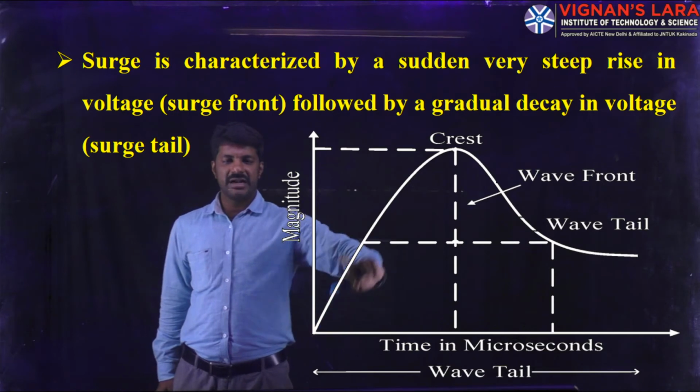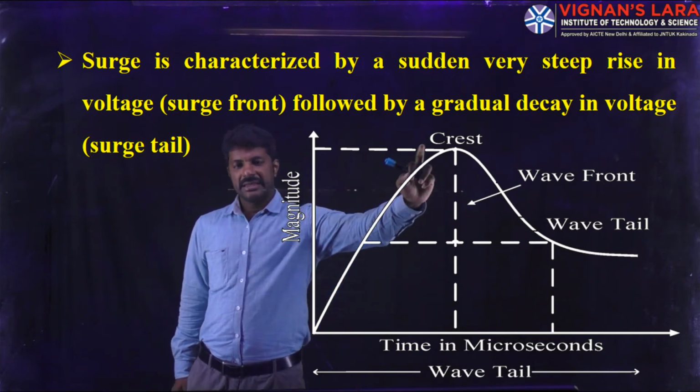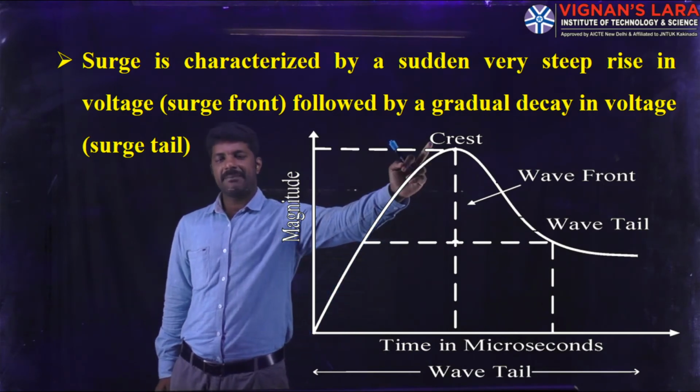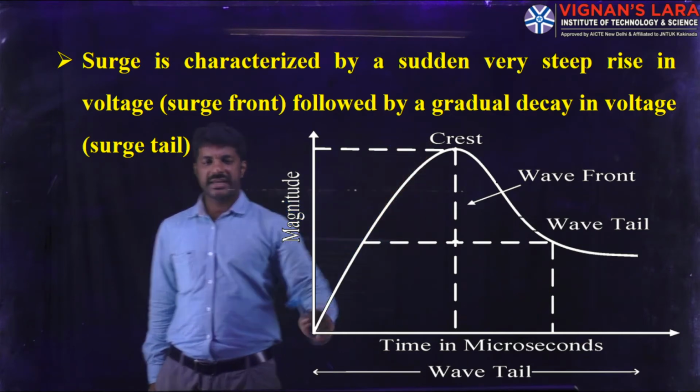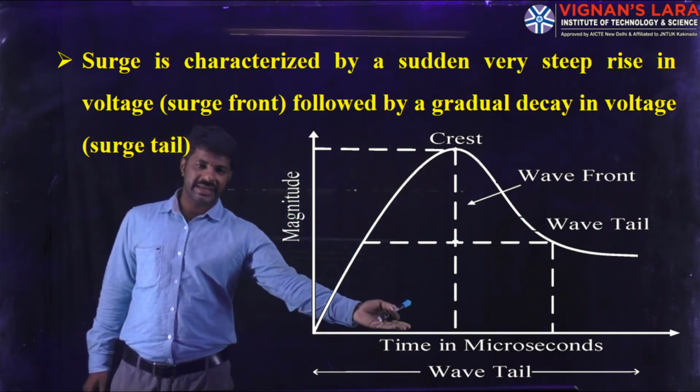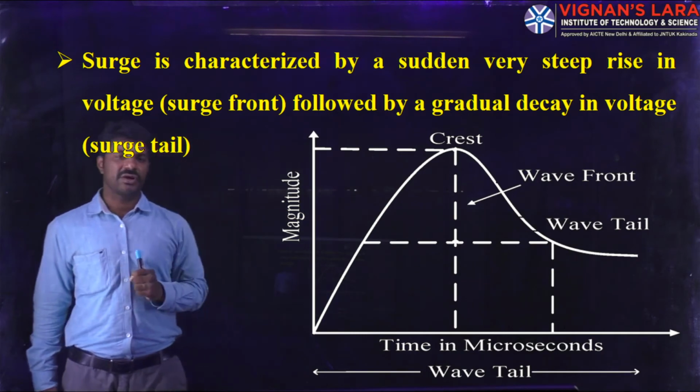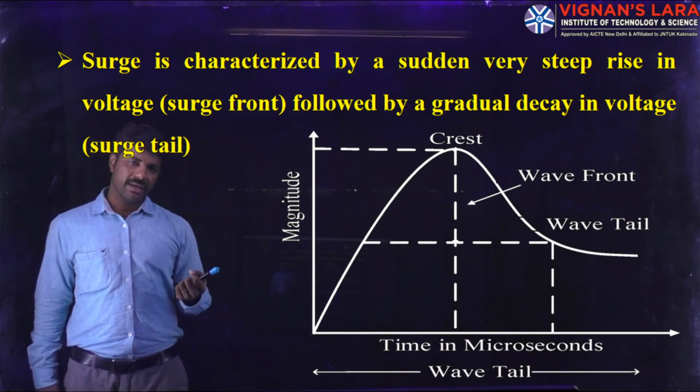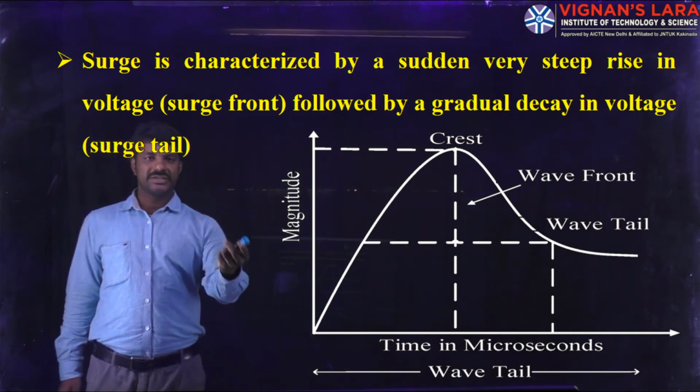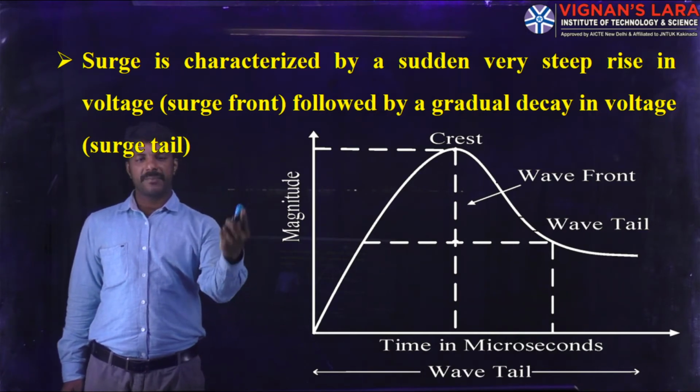So this is called a steep rise in the magnitude of the quantity. If you check it, the x-axis is the time in microseconds and the y-axis is the magnitude of the electrical quantity, maybe the voltage waveform, current waveform, or power waveform.